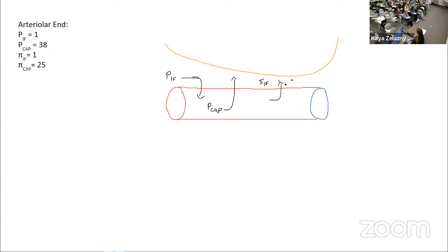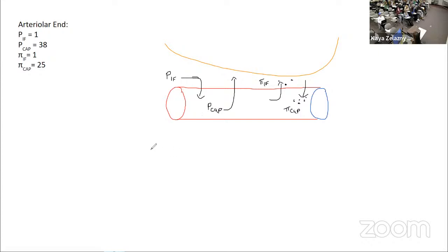Out, which means our final one, our pi cap, due to proteins in the plasma, is going to pull in. Okay. So fundamentally, these are the directions of all our forces.